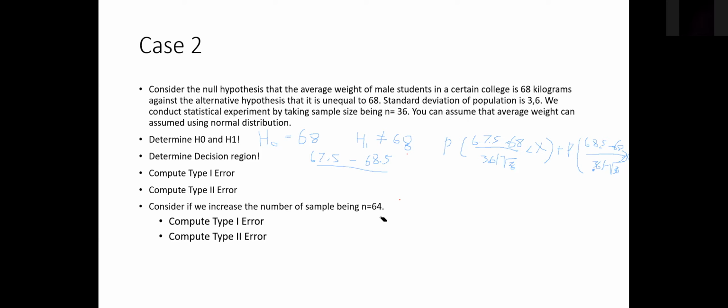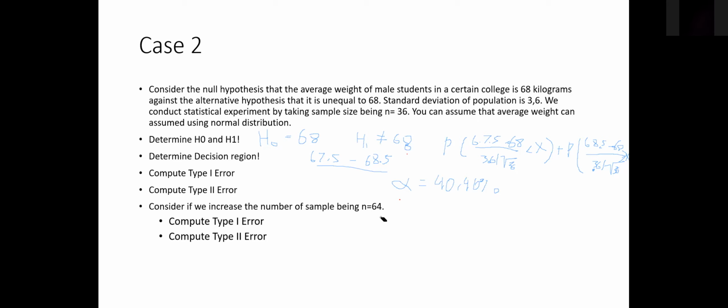And then from here, we transform it into the Z, and we got the probability of the alpha is equal to around 40.46% for the n equal to 36, and for the n equal to 64, the formula is the same.